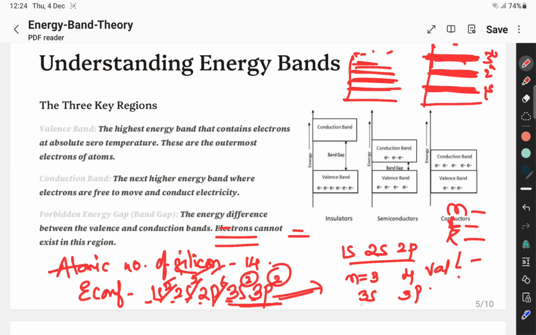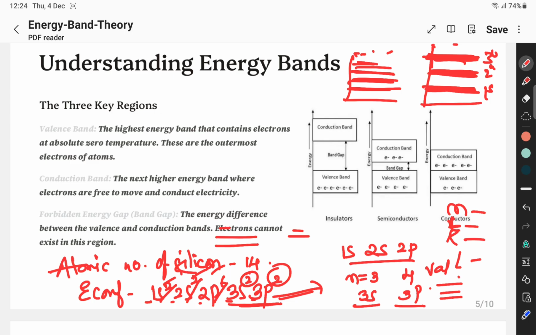So in a single atom, 3s and 3p orbitals have discrete energy levels. But when billions of silicon atoms are bound together in a crystal lattice, the 3s and 3p orbitals of all the atoms overlap each other, and their energy levels split into billions of closely spaced levels.